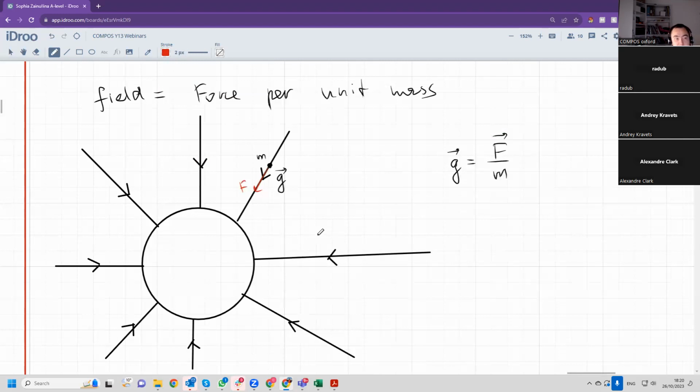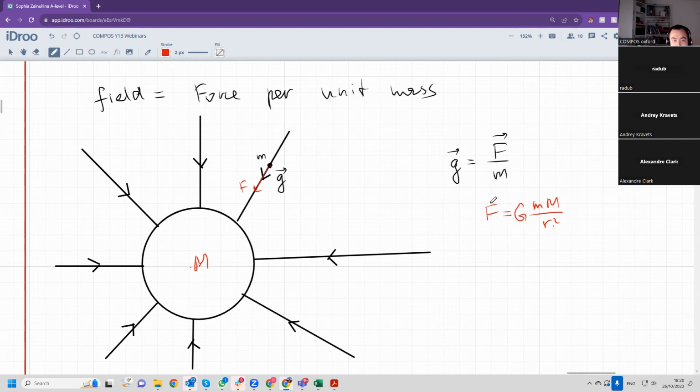We know that the force is equal to G times the mass of the planet times the mass of the object, divided by r squared, where r is the distance from the center of the planet to the object.